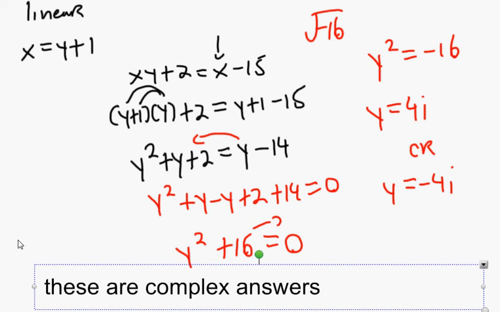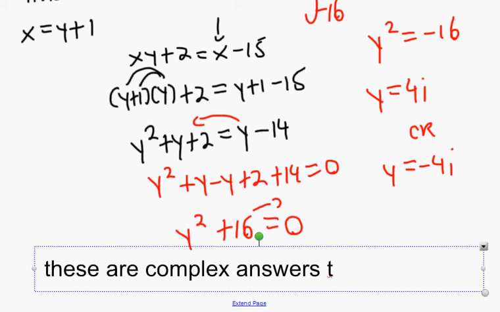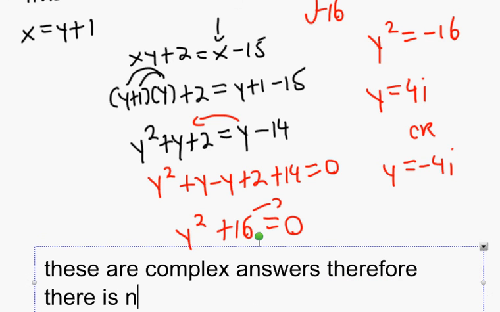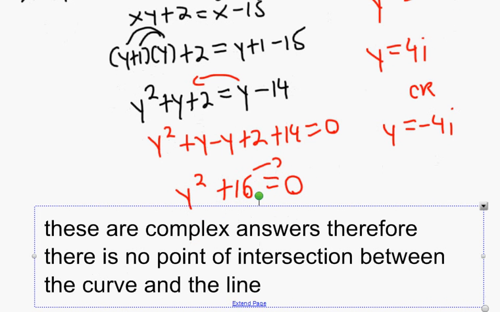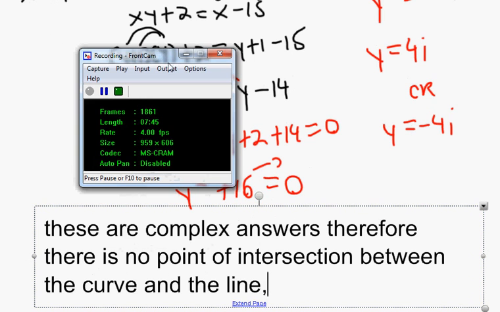These are complex answers. Therefore, what can you say then? There is no point of intersection between the curve and the line. Everybody cool with that? Bottom line.